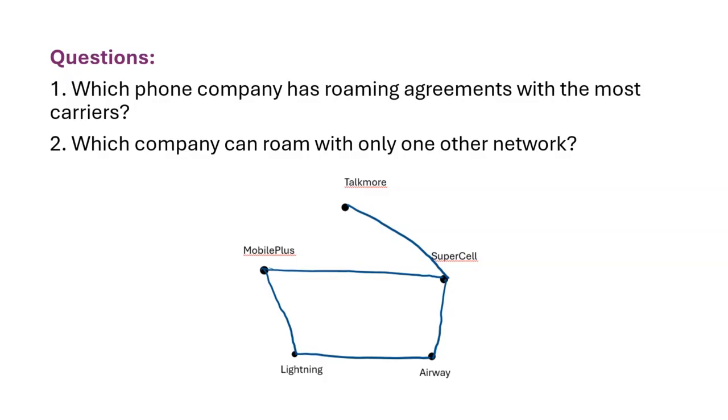So the company that has roaming agreements with the most companies is Supercell. And similarly, the company that has only one agreement with one other network would be Talkmore. And we could see there's only one edge. It almost looks like there's only one road to get to Talkmore.